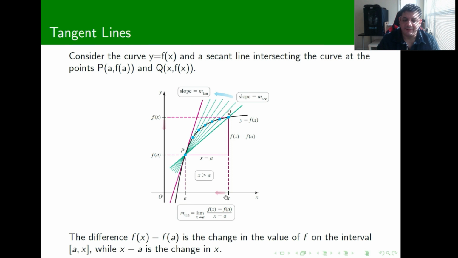So when x is approaching a, of the secant slope, which is f of x minus f of a over x minus a. This difference, f of x minus f of a, is the change in the value of f on the interval from a to x, and x minus a is the change in x. So it's always the change in the function over the change in the domain.